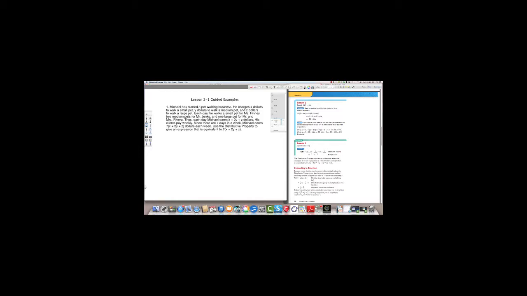And so what we're going to use is our distributive property of multiplication over addition, because this is, after all, an addition problem.